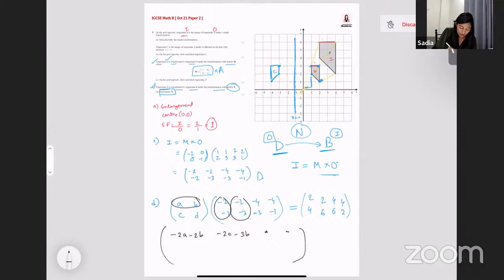And for c and d, it's minus 2c minus 2d, then minus 2c minus 3d. You will get two extra equations here. But I won't be writing each and every single thing here because eventually we do not need all four values of all four positions.